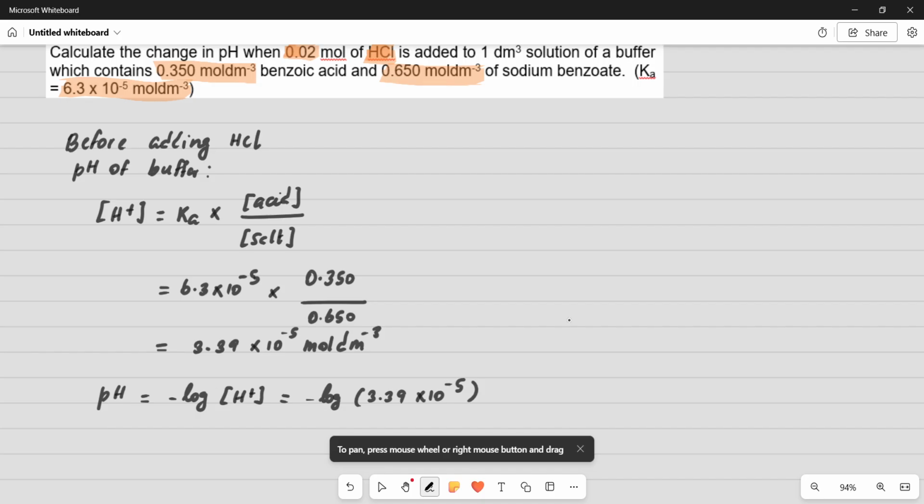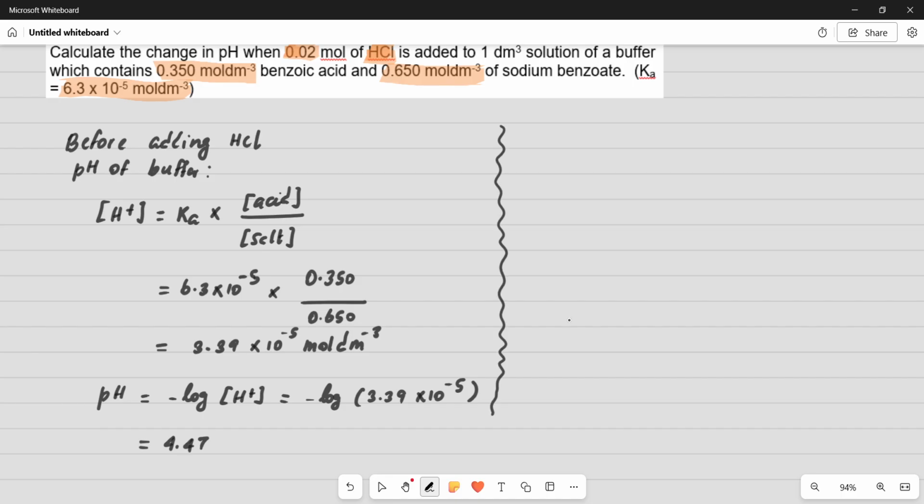When I do so, I am getting 4.47 as the pH before the addition of HCl. Now to get the change, I am going to find the pH of the buffer after adding HCl.